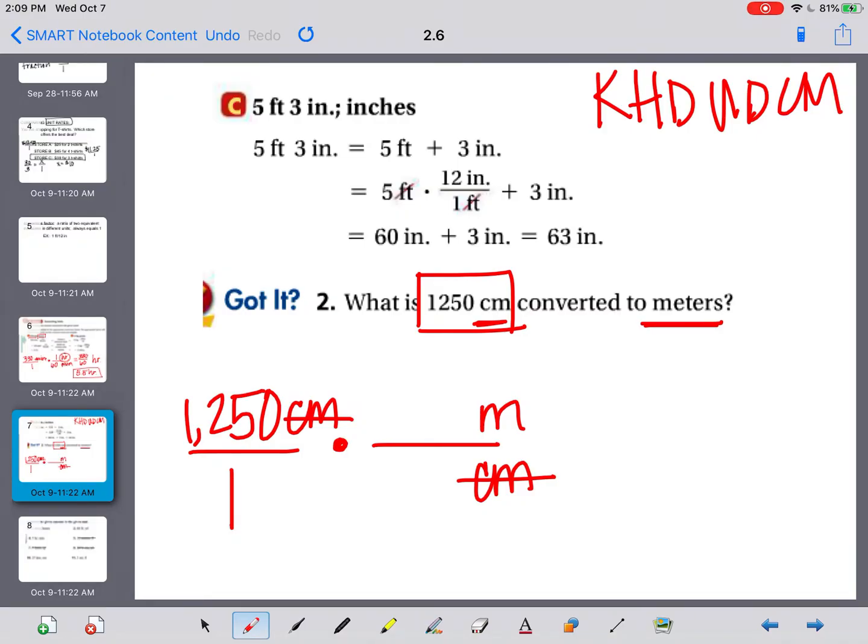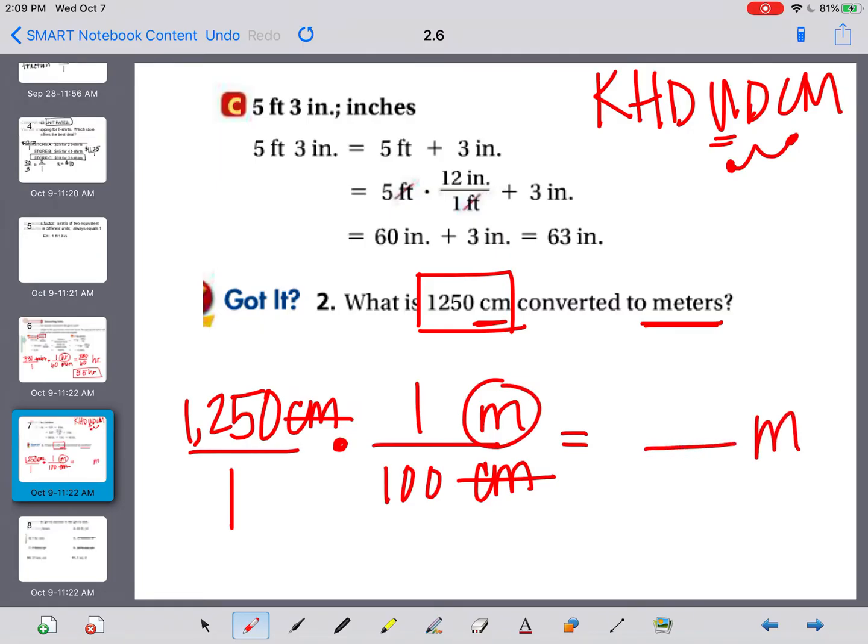These are all the units: kilo, hecto, deca, deci, centi, and milli. And this is just your basic units right here in the middle, so meters would fall there. Centimeters is over here, and I would have to move my decimal 2 places. So there are 100 centimeters in 1 meter.